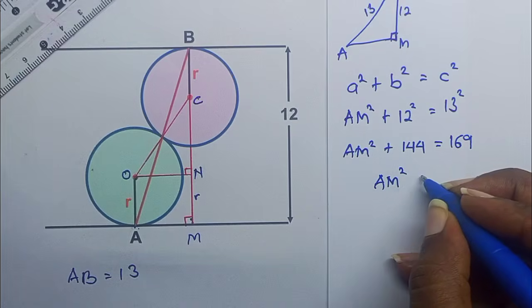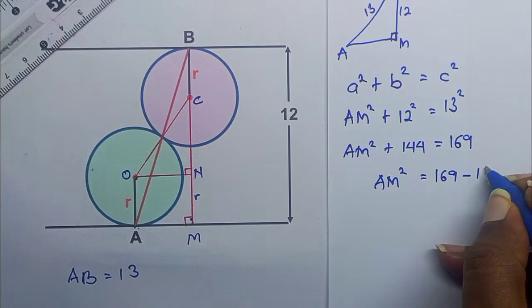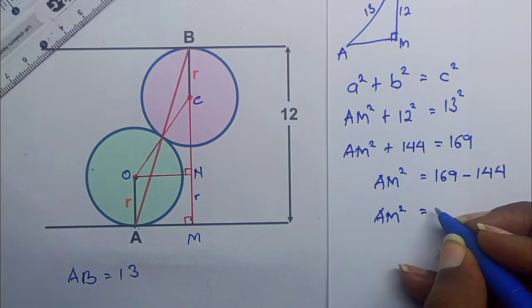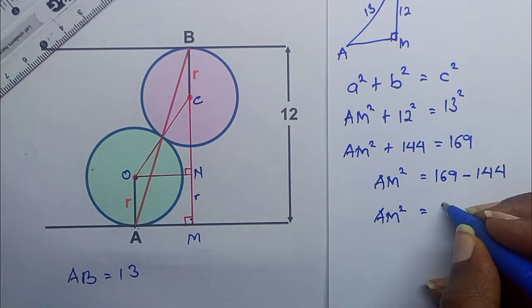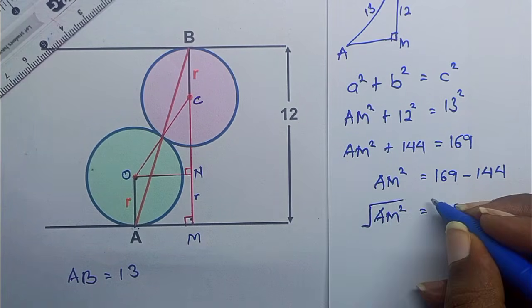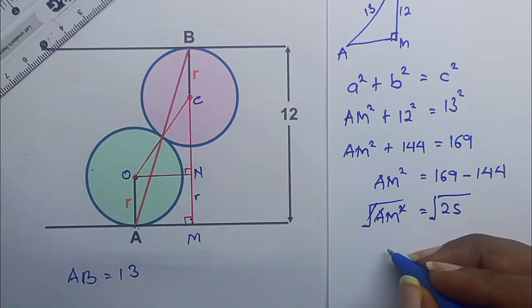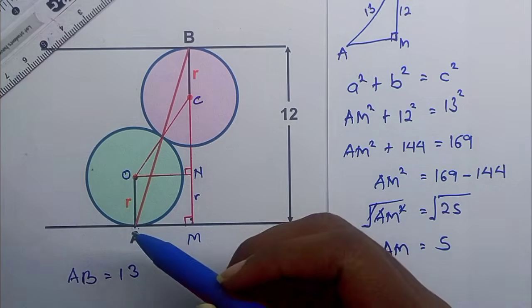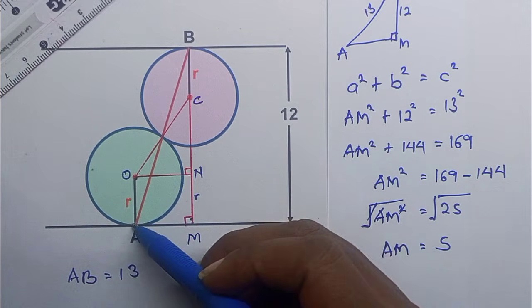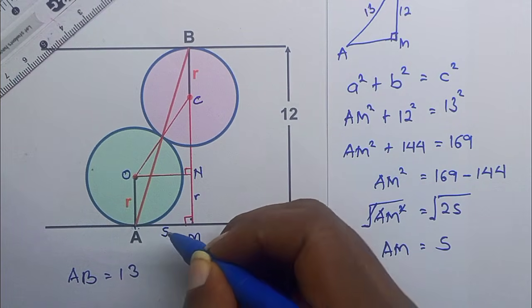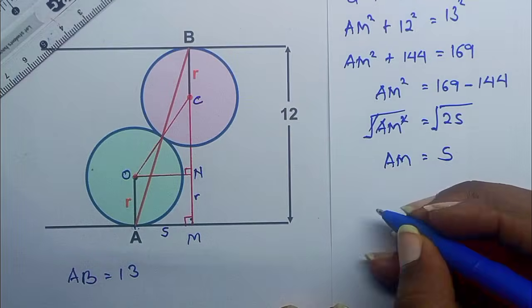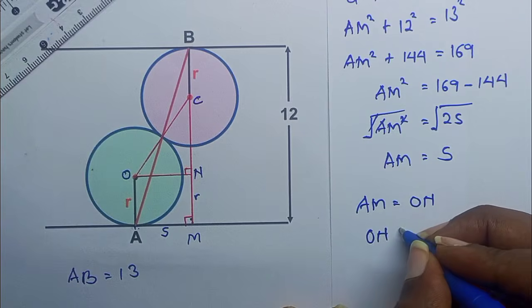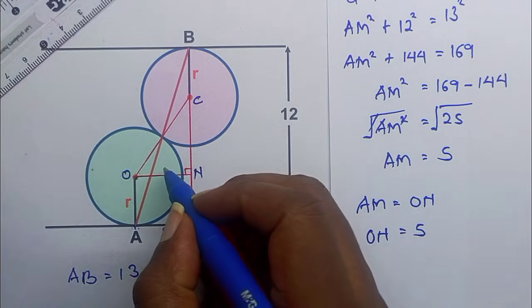So AM squared is equal to 169 minus 144. And AM squared gives us 25. So we find the square root on both sides. And our AM is 5. So here it's 5. But remember, AM is equal to ON. So ON is also equal to 5.